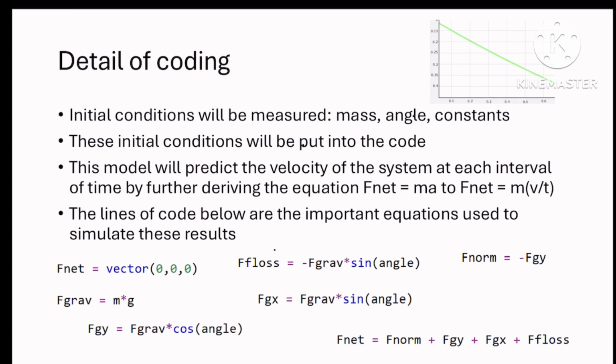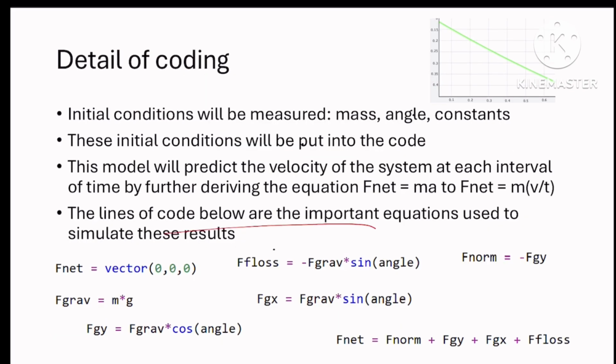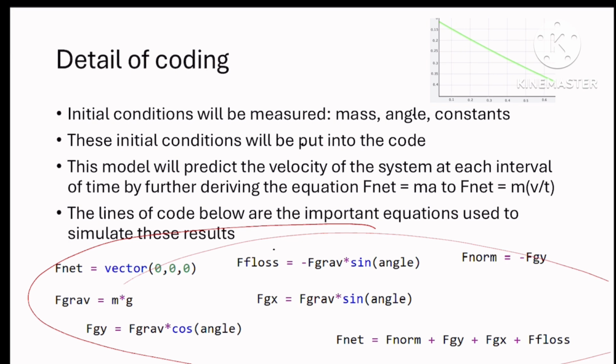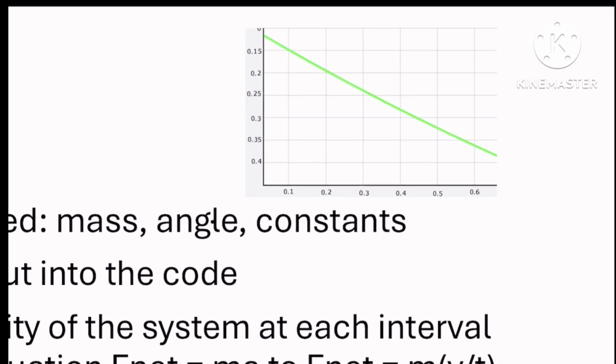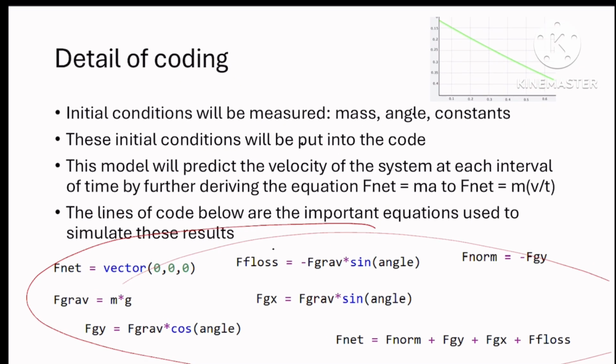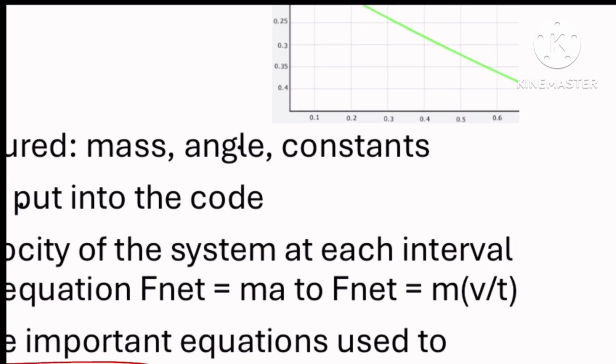Okay, so details of coding. So some initial conditions we had to put was the same as the initial conditions from the experiment. And then down below is some of the code that we used in order to model our data. Now over here is not a good picture, but I have the graph for the computational model in the corner right there, but I cropped it really badly.